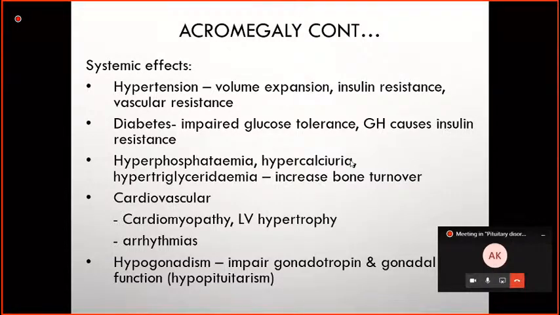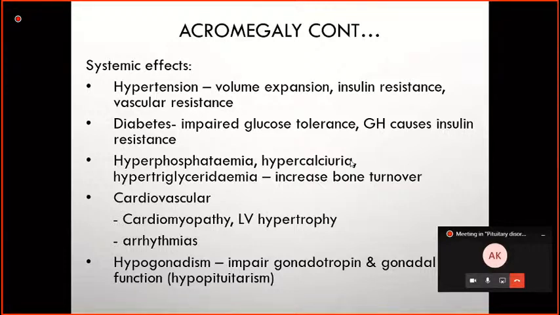Hypophosphatemia mainly because of increase in turnover of bone. Cardiovascular effect because of cardiomyopathy, increase in size of the heart. As well as because of the increase in size, there's increase in demand, so eventually you can have heart failure.